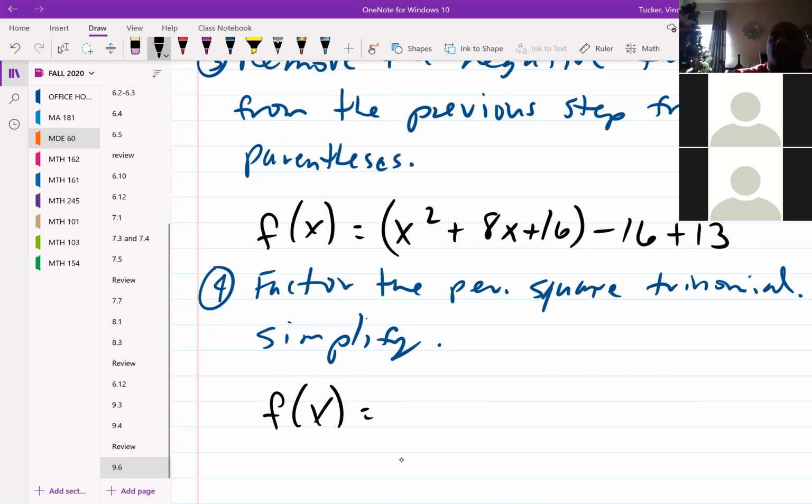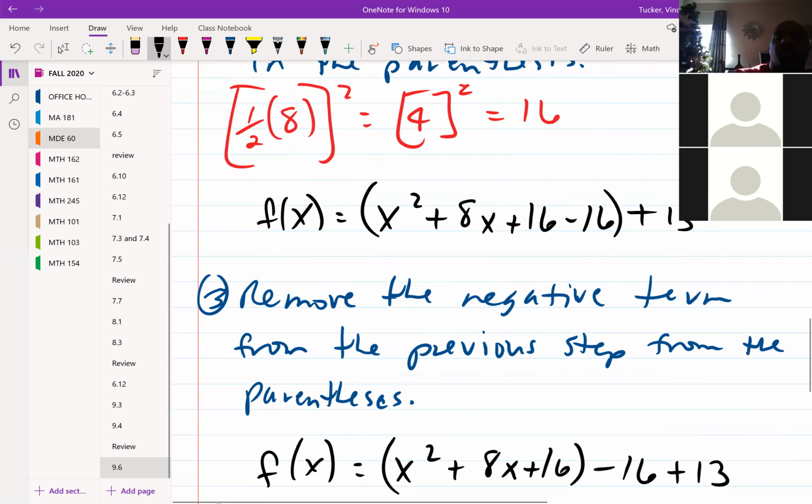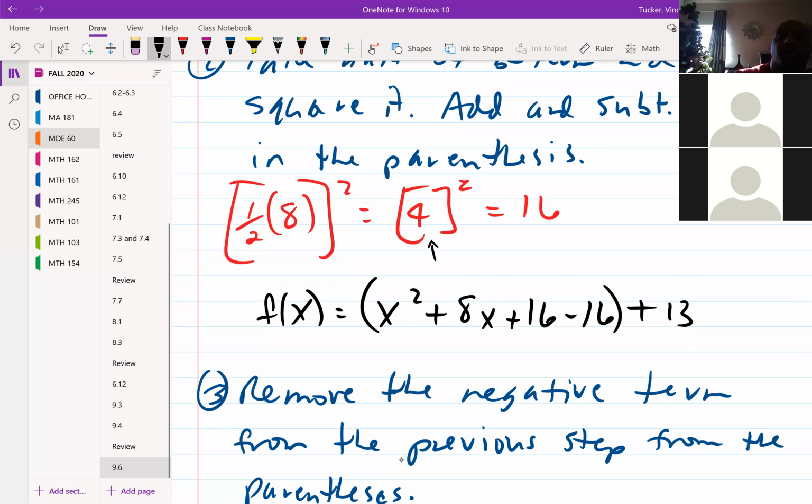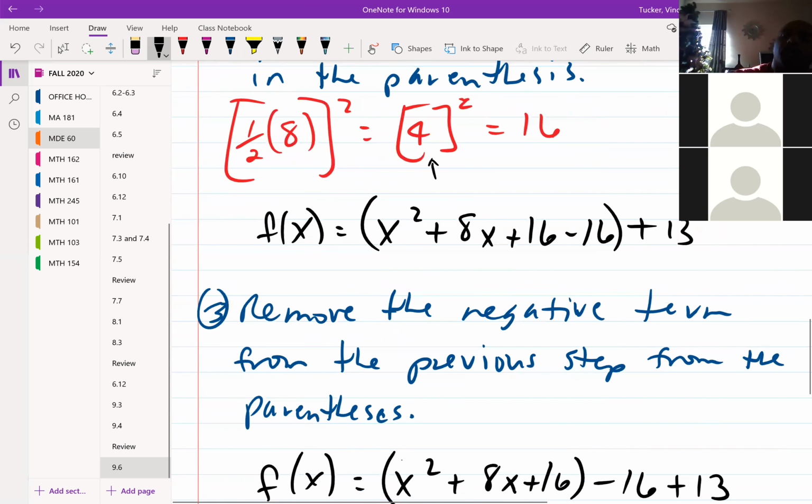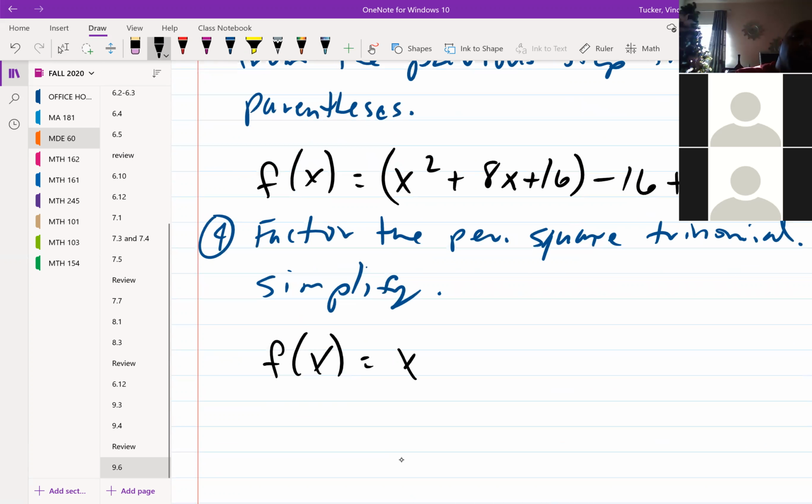So don't forget, if you're having trouble factoring, and we talked about when completing the square, whatever half your b term is, that's what should go there. So that's going to be x plus 4 squared. Then negative 16 plus 13 would be negative 3.